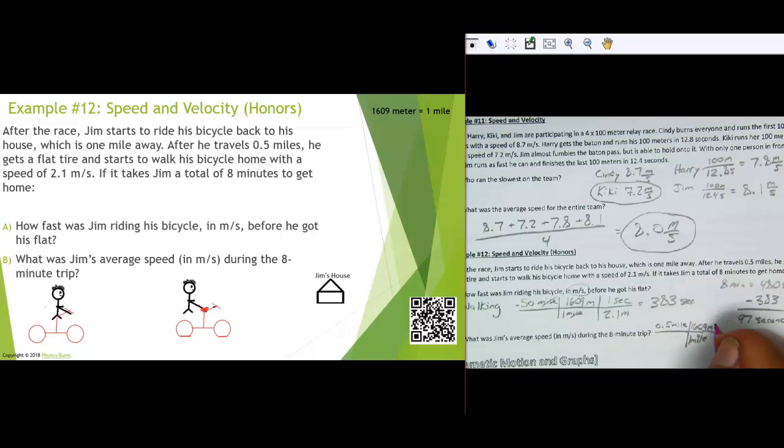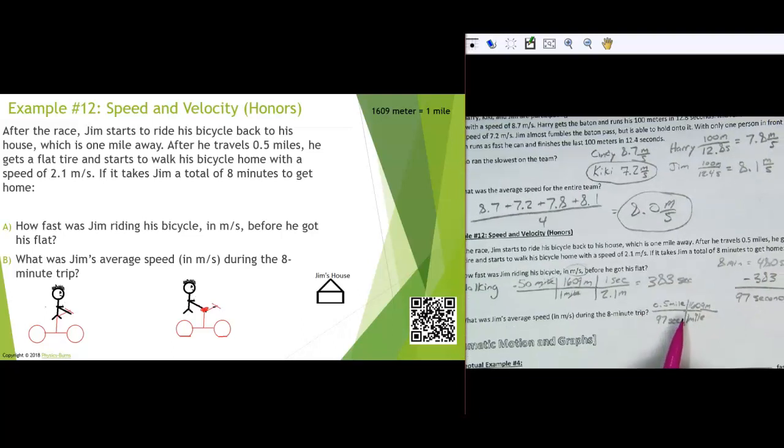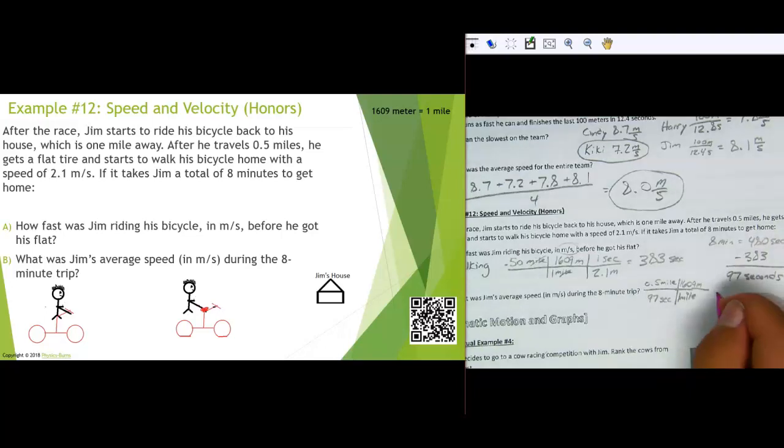And he did this in 97 seconds. So multiply across and divide down. I have 0.5 times 1609 divided by 97. I got about 8.3 meters per second.